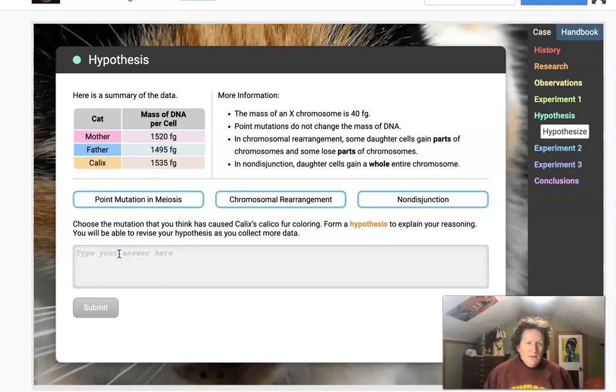And I'm just going to write that in the box. 1495 femtograms from Calix's father would be normal for Calix, or expected.